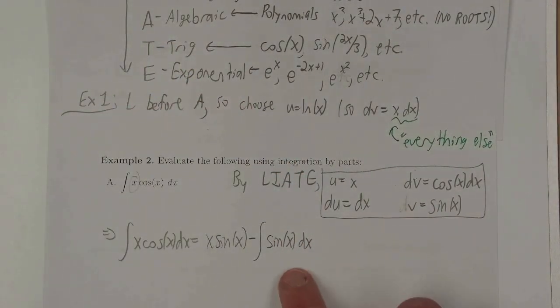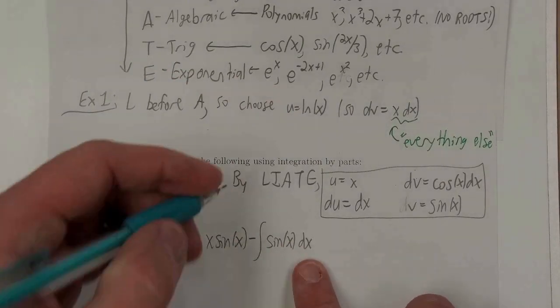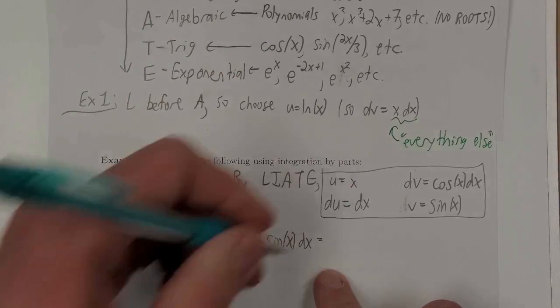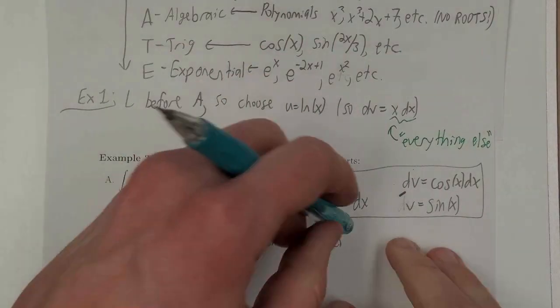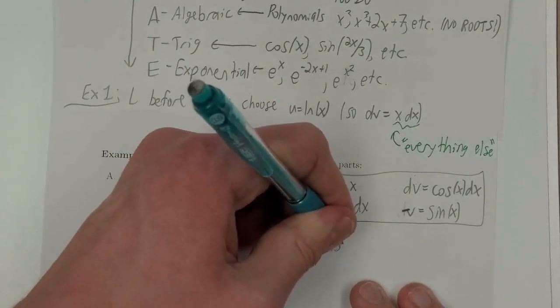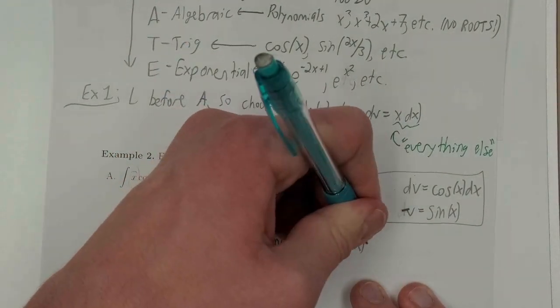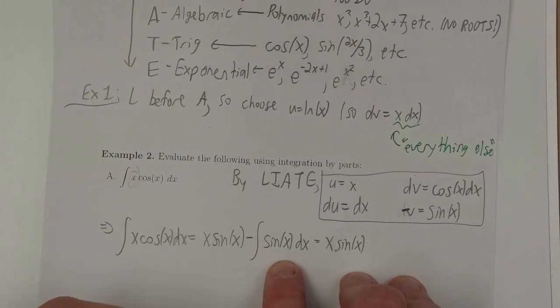But thankfully, this has a pretty nice integral, doesn't it? Okay, there we go. Try this again. We have x times sine of x, and then minus the integral of sine of x.